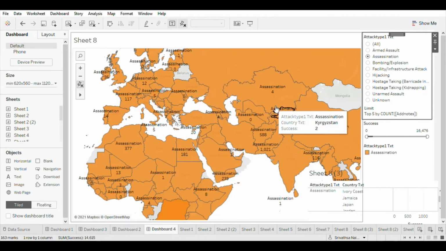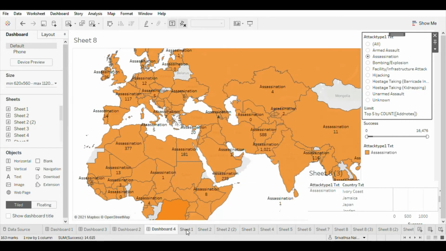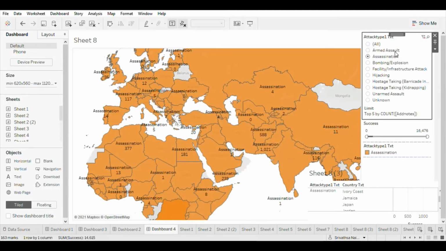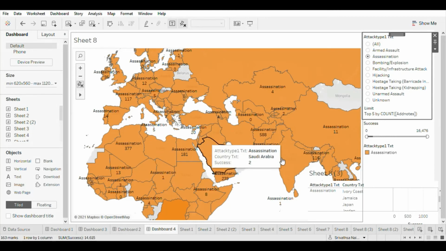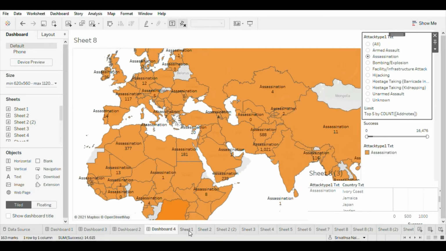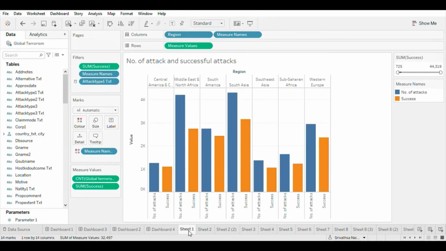Now let's look at the individual sheets which I've used for these dashboards. If we have to do deeper analysis on one of the particular sectors, then we can go sheet wise and analyze.